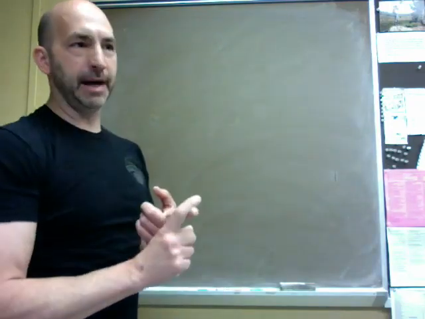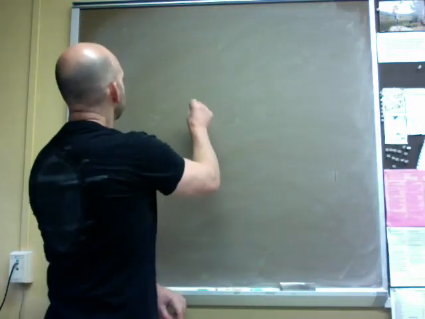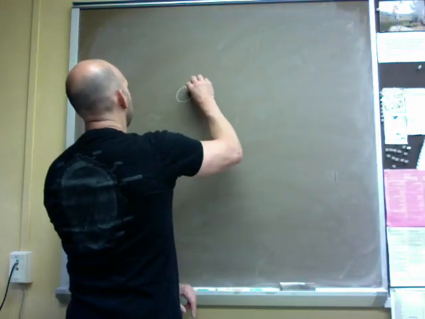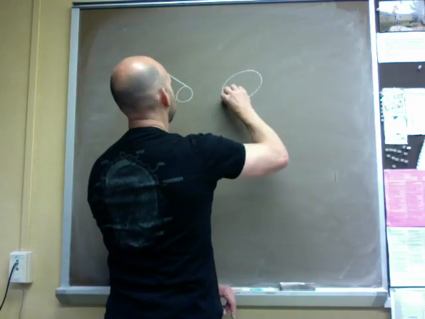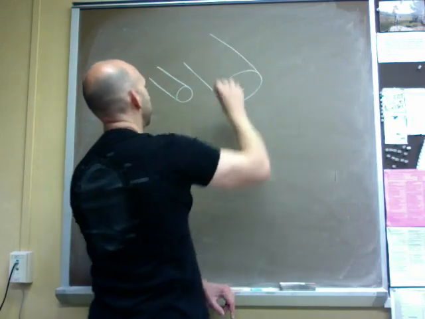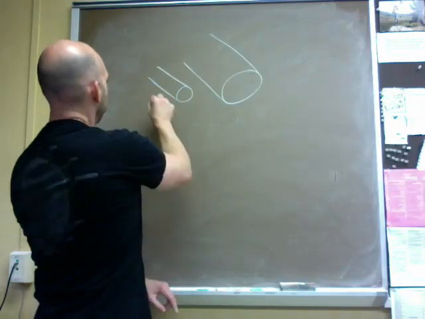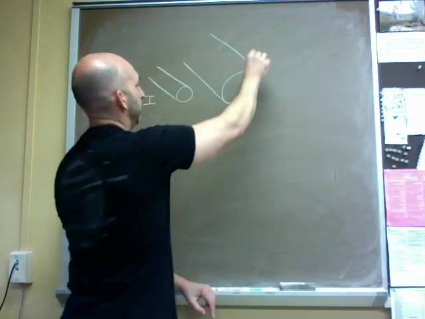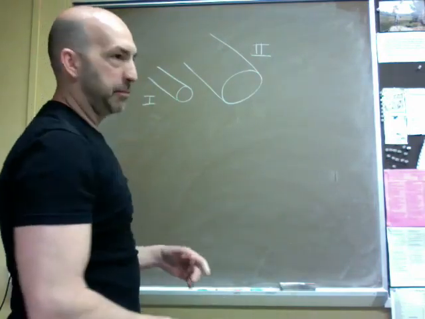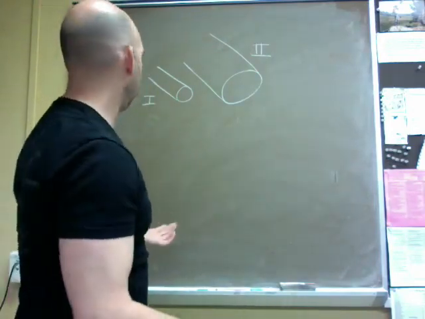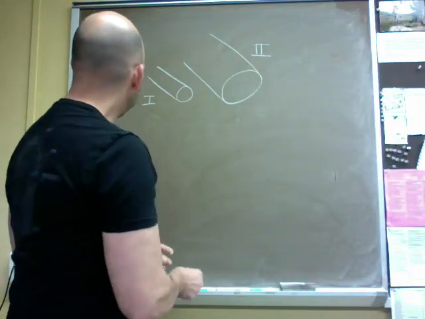So this would be the diameter-tension relationship. So fibers that look like this in cross-section versus fibers that look like this in cross-section, right? This would be like a type 1, and this would be a type 2. Doesn't really matter which type 2. The type 2X would be bigger than the type 2A, but the relationship is still the same.